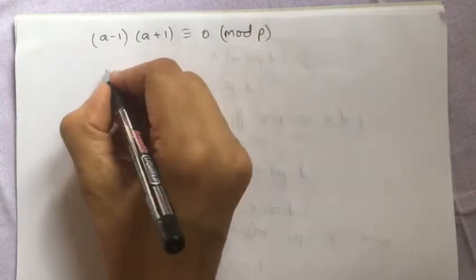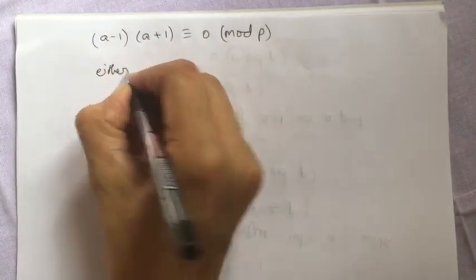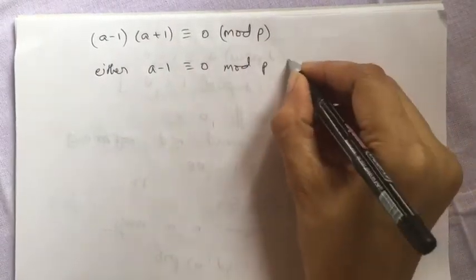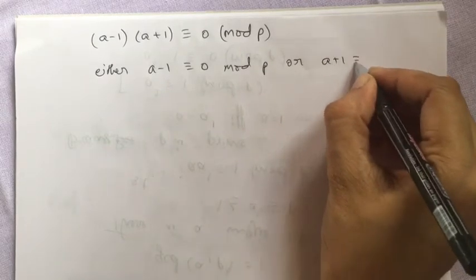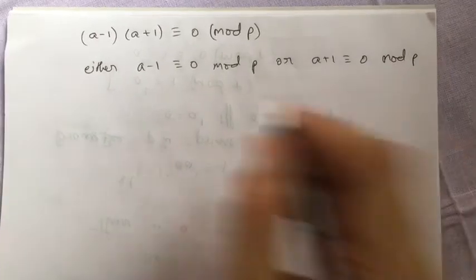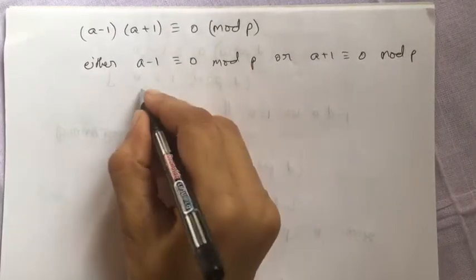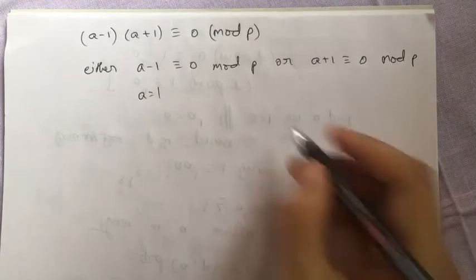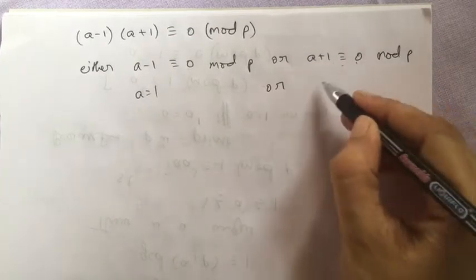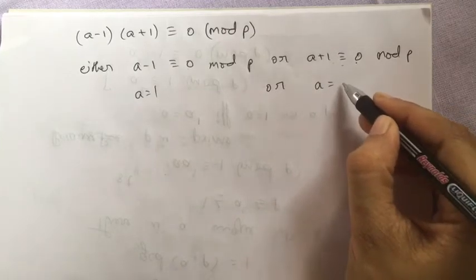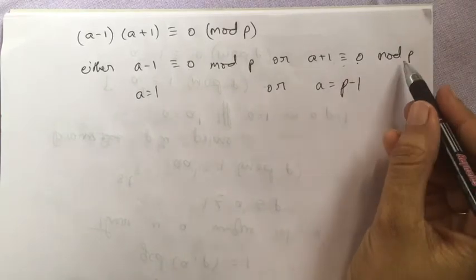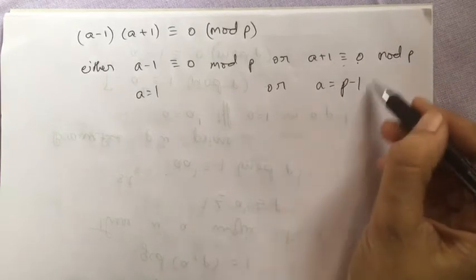Now it means either a minus 1 is congruent to 0 mod p, or a plus 1 is congruent to 0 mod p. If a minus 1 is congruent to 0 mod p, then a is equal to 1. If a plus 1 is congruent to 0 mod p, then a is equal to p minus 1, because a is giving you minus 1 mod p, and taking the positive value, it has to be p minus 1.